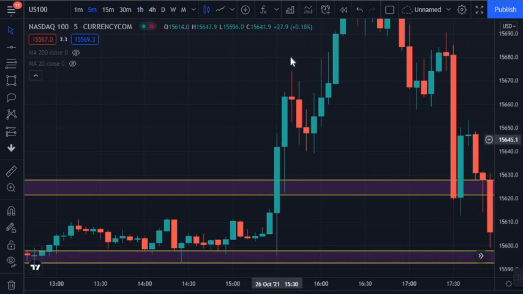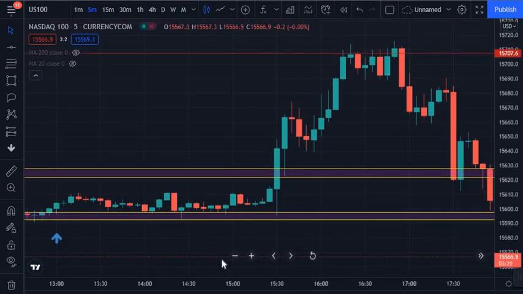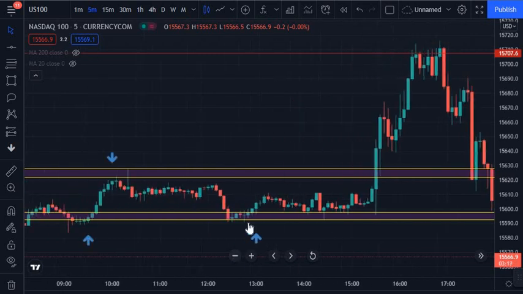It broke out and it retested the zone over here and pushed back to the upside. So that was going to be the safer zone, the safer entry, which is 27 points away from the riskier entry, which is not a bad trade at all. If you executed this trade, this was a nice trade for you to enter.